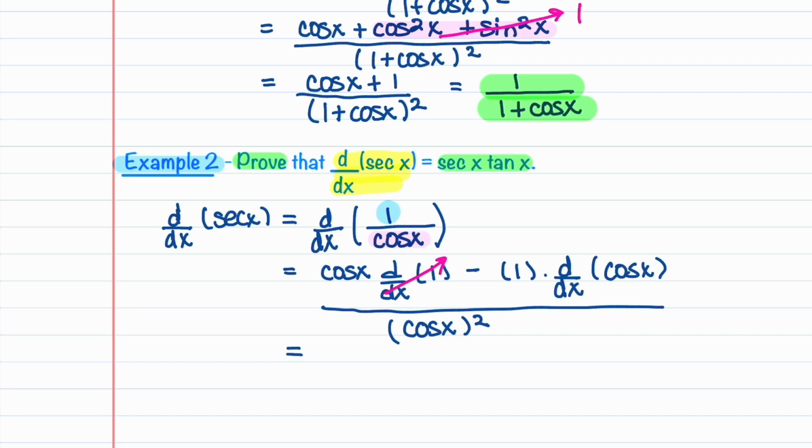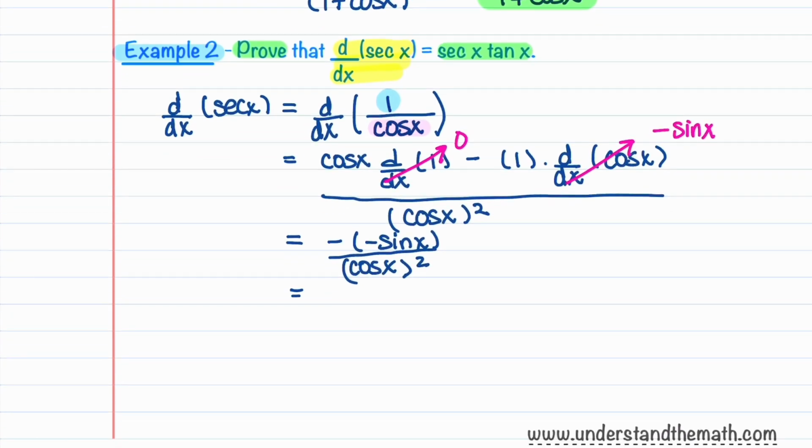The derivative of 1 is equal to 0, and the derivative of cosine x is minus sine x. So this gives us minus sine x, all divided by cosine x squared. So this is sine x divided by cosine x squared.